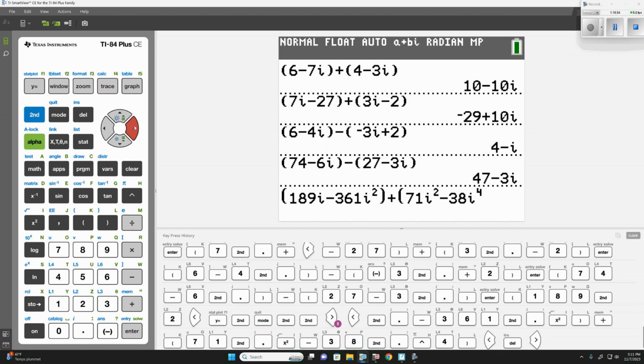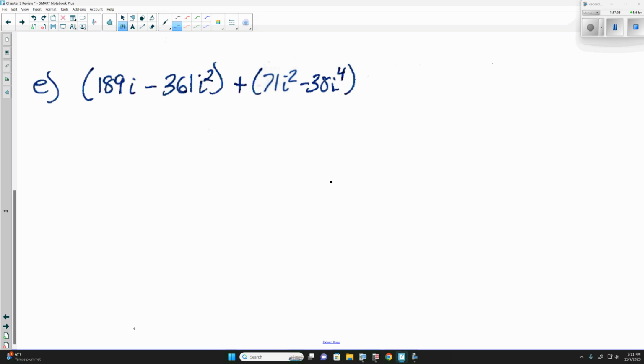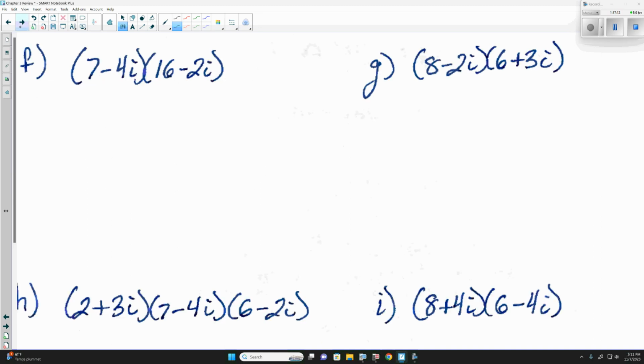Make sure when you type anything after the 4th power, we do go over 1. So when this is simplified, we get 252 plus 189i. And that's it. The calculator can do it for us.